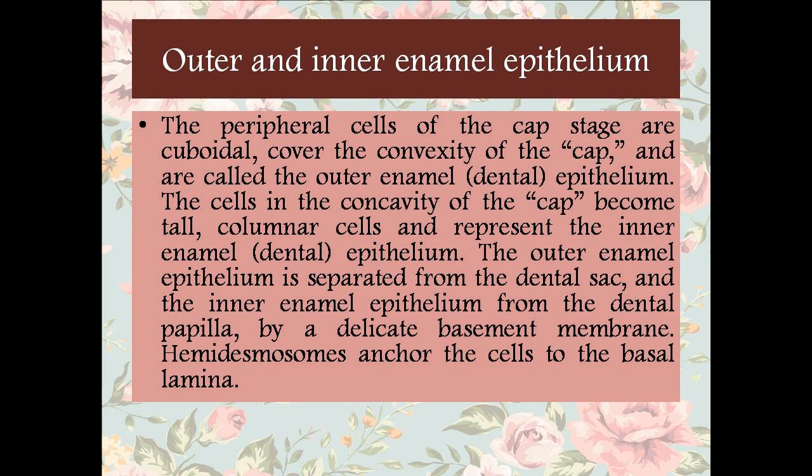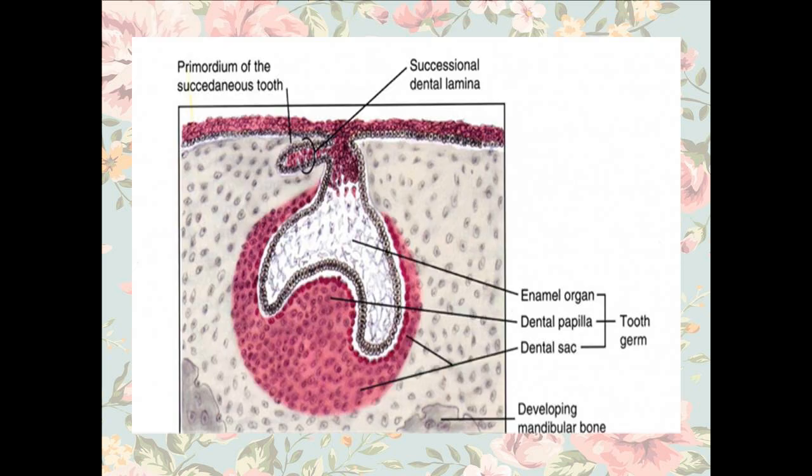So you see cuboidal cells on the outer side forming the outer enamel epithelium, and tall columnar cells on the inner side forming the inner enamel epithelium. The outer enamel epithelium is separated from the dental sac and the inner enamel epithelium from the dental papilla by a delicate basement membrane. Hemidesmosomes anchor the cells to the basal lamina.